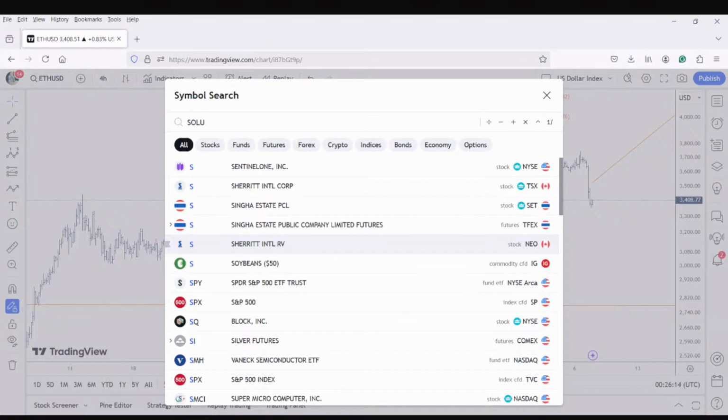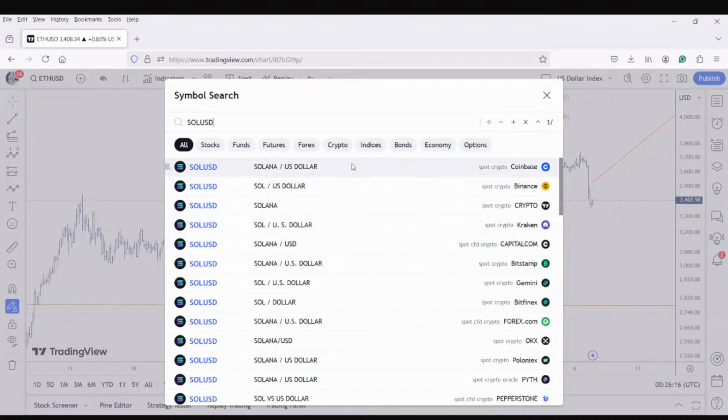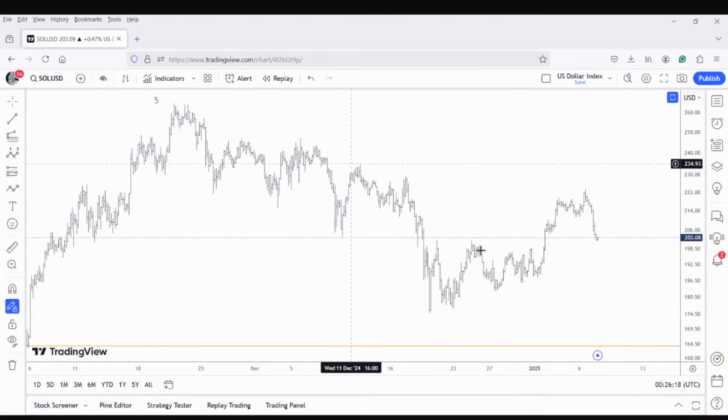Okay, Solana should be on the same lines. Again, this doesn't look like an impulse. So either we are extending the third wave, maybe that's wave one, wave two. Wave two again was sideways, so we never know if this is wave B as well.